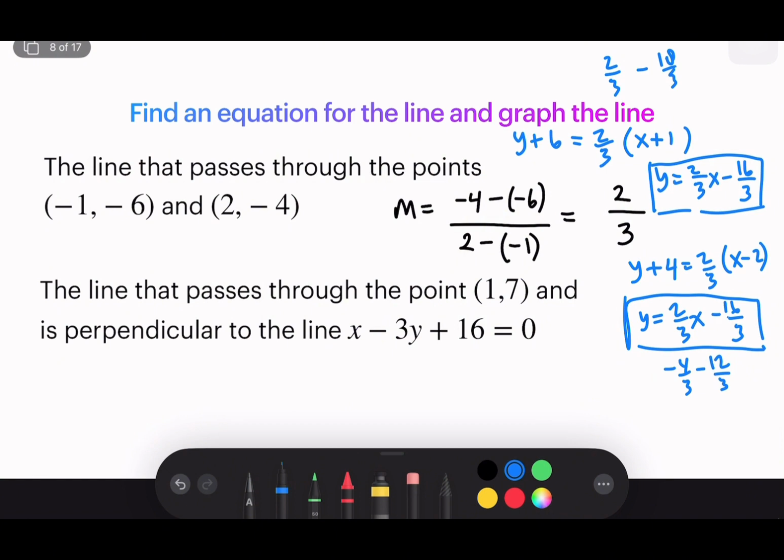Why is it minus 16/3? Because we compute this: minus 4/3 minus 4. This one, 2/3 minus 6. Minus 6. Okay.